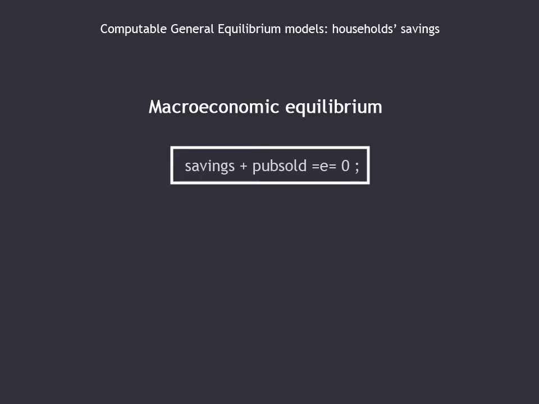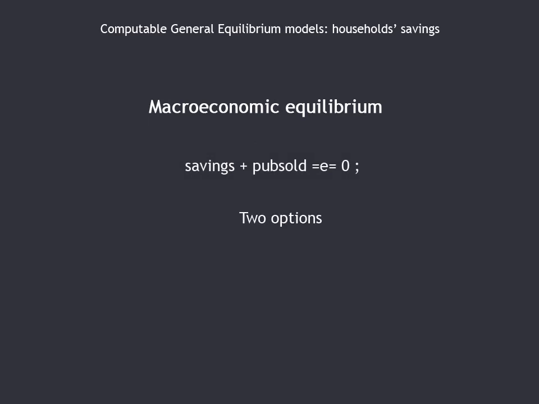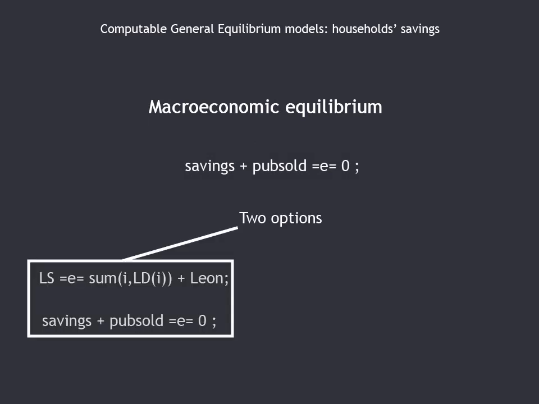Let me mention finally that there are two options here. First option, the Léon variable is kept on the labor market equilibrium. You remember that we did that because the labor market equilibrium, labor supply equal to labor demand, is not independent from others.